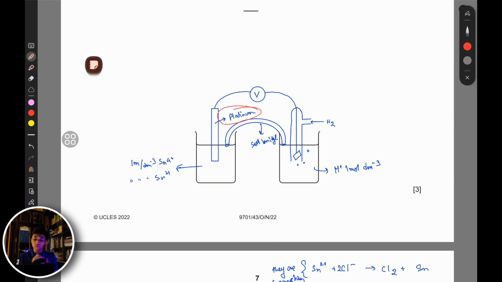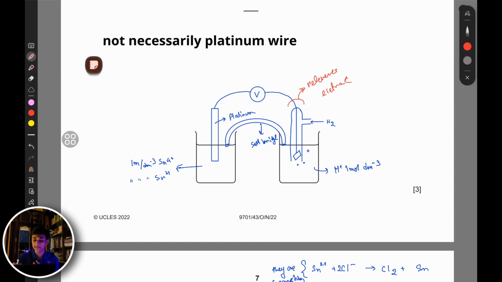And the electrodes in both of these cases, the reference electrode and the metal ion half cell, in both of these cases you're going to have a platinum electrode, right? You have platinum metal over here, and this is a platinum wire. Good. So this is a platinum electrode as well.